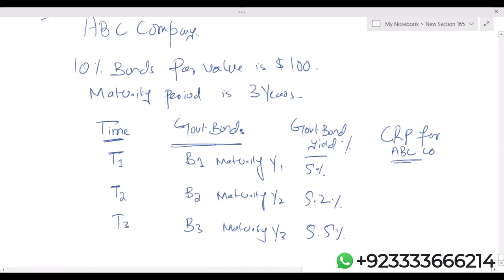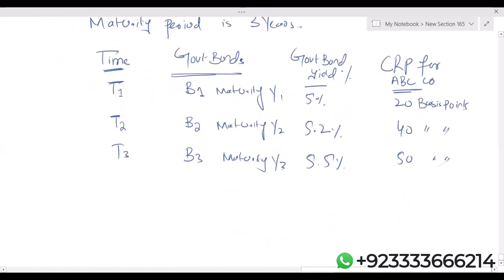Let's say in case of year one, the credit risk premium, I'm just assuming, is 20 basis points. Here it is 40 basis points. Here it is 50 basis points. The requirement is to calculate the market value of bond.